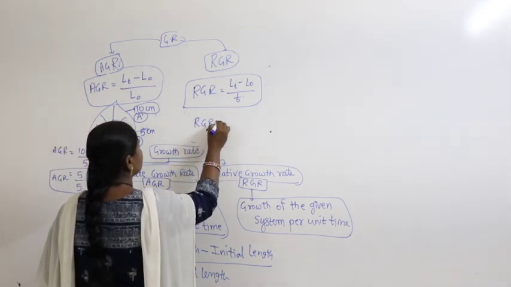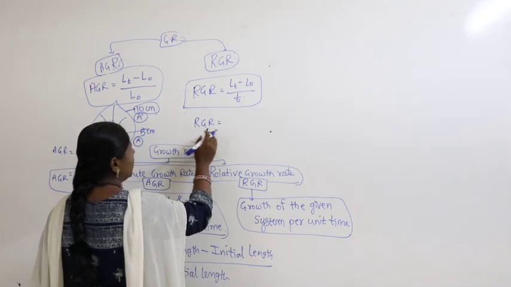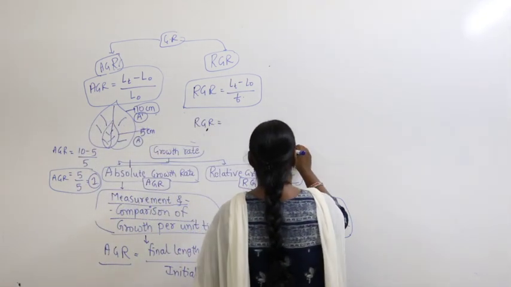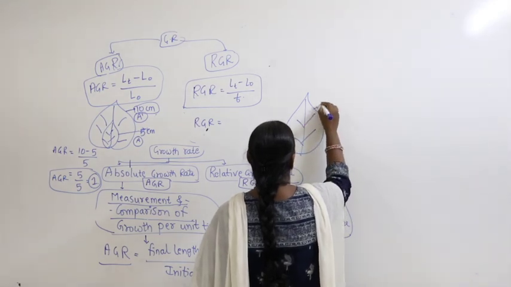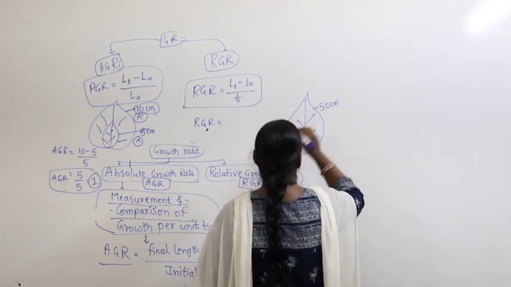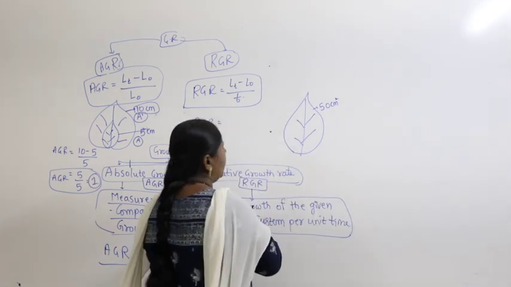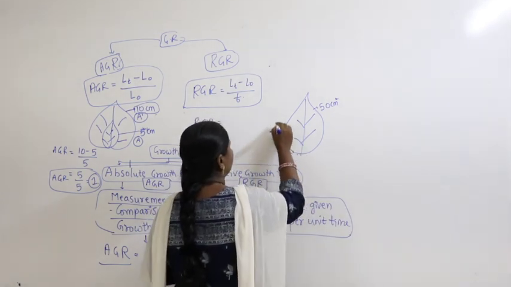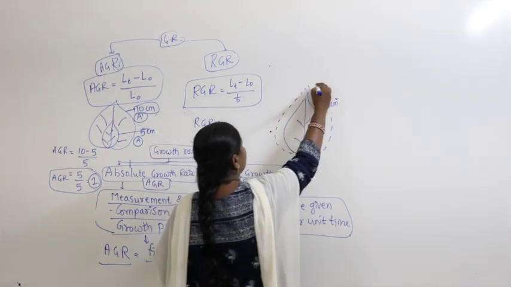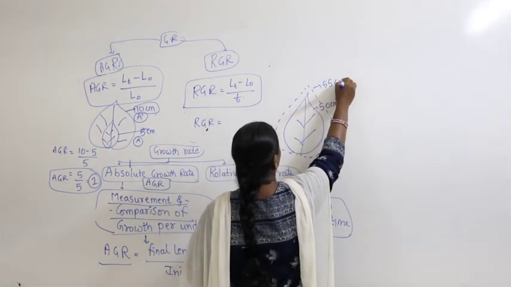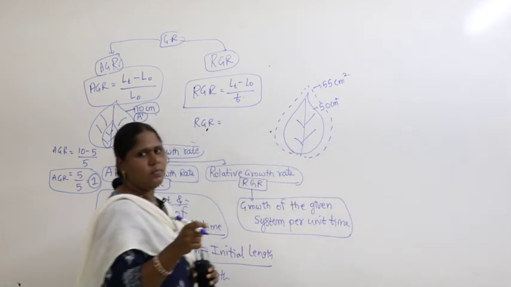Growth of the given system. In this case, for example, we take a leaf. This is altogether already 50 centimeter square. Now there is a slow rise in the leaf surface area, and here this is 55 centimeter square, maybe in 1 week of time.